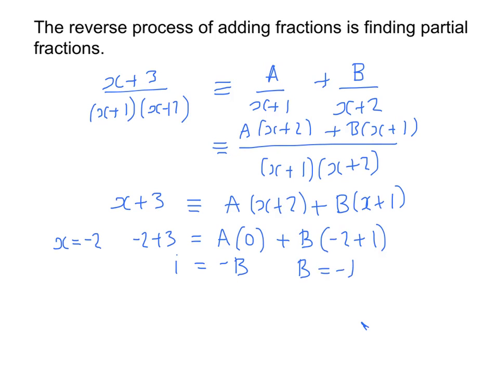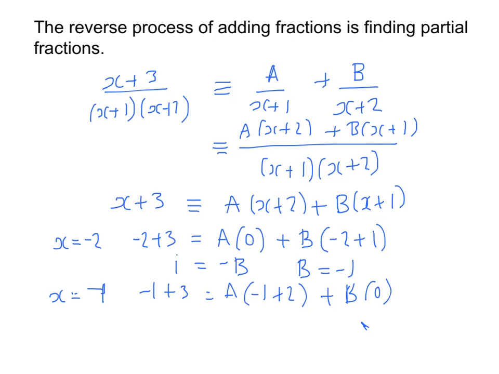Now the reason I chose x as minus 2 was to make that bracket after the A zero. So the second obvious choice would be to make x equal to minus 1. So let's do that. So we've got minus 1 plus 3 is A times minus 1 plus 2, and this time B times 0.